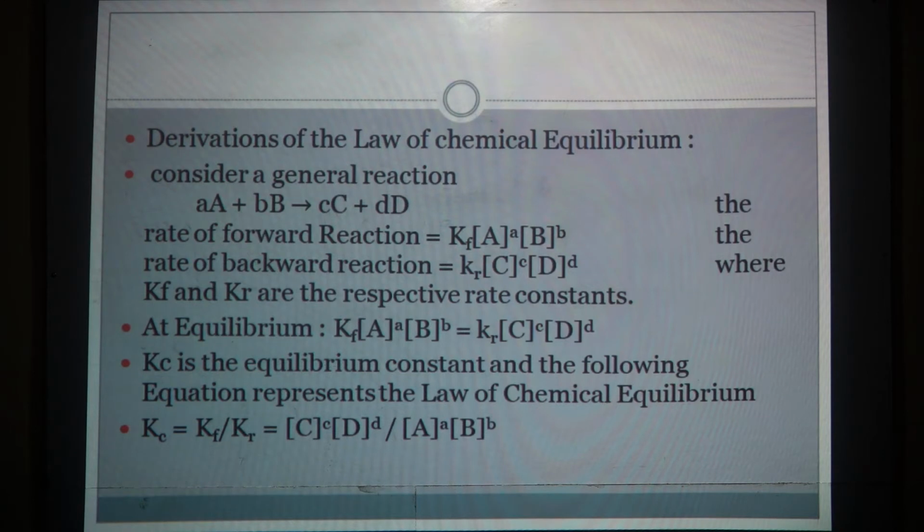Kc is equal to Kf upon Kr, that means the rate constant of forward reaction to the rate constant of backward or reverse reaction. That is [C]^c [D]^d divided by [A]^a [B]^b.